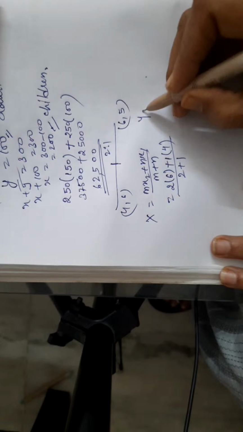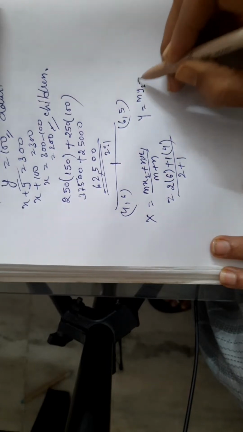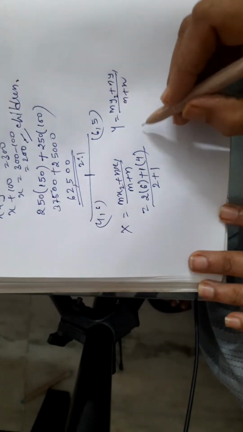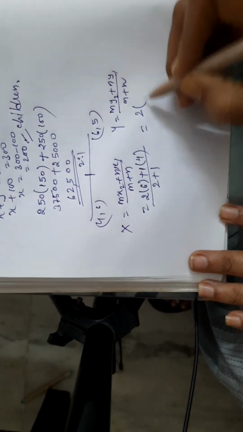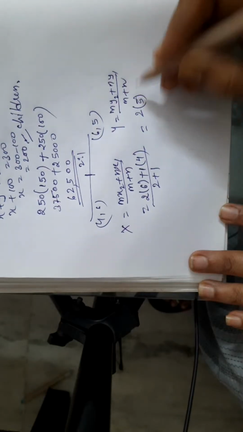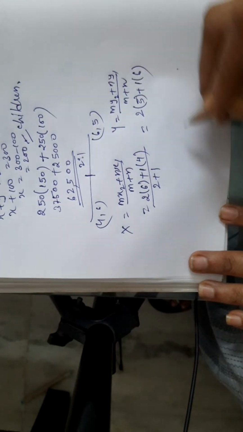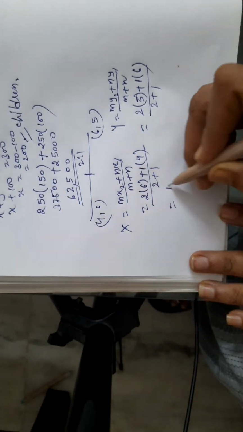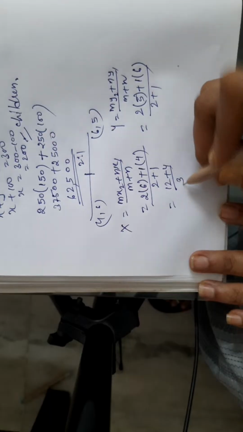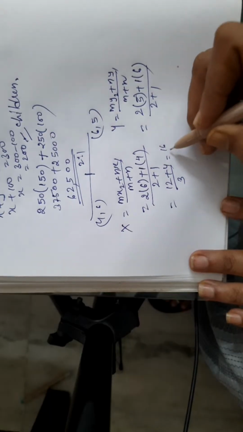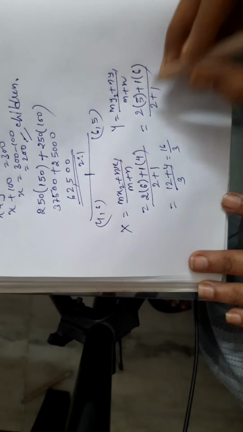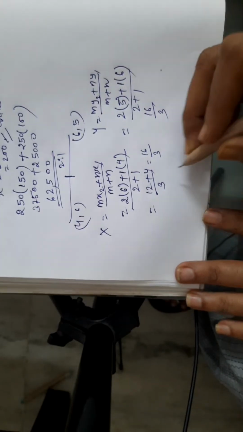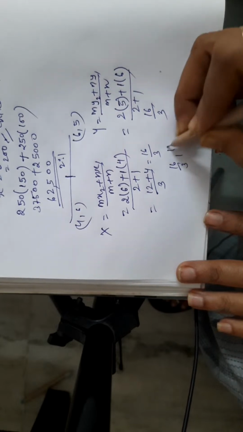Capital Y is my2 plus ny1 upon m plus n. So here m is 2, y2 is 5, n is 1, y1 is 6, whole divided by 2 plus 1. 2 sixes are 12 plus 4 divided by 3, so it's 16 by 3. 10 plus 6, 16 by 3. So the coordinates are 16 by 3.